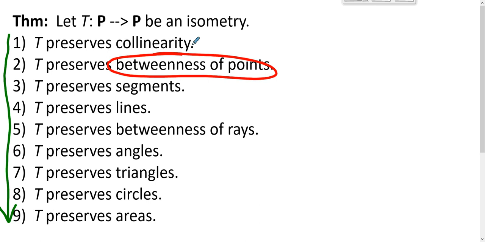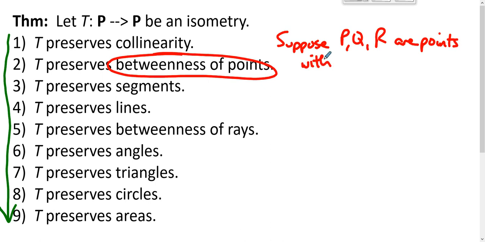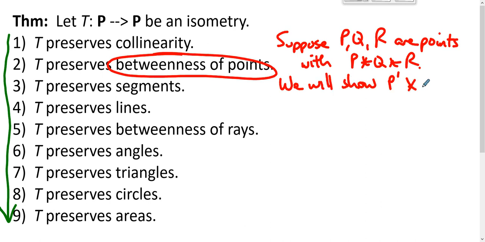There's nothing terribly tough here. To preserve betweenness of points, we need to prove that, supposing P, Q, and R are points with Q between P and R, we will show that Q prime is between P prime and R prime.